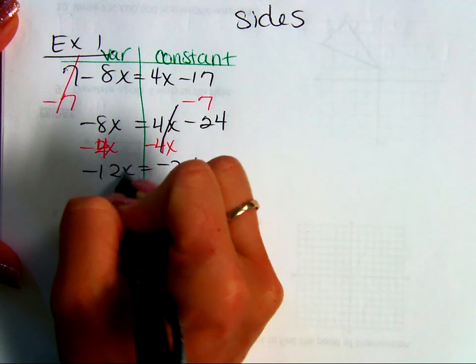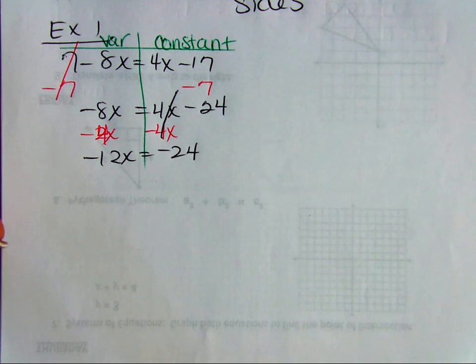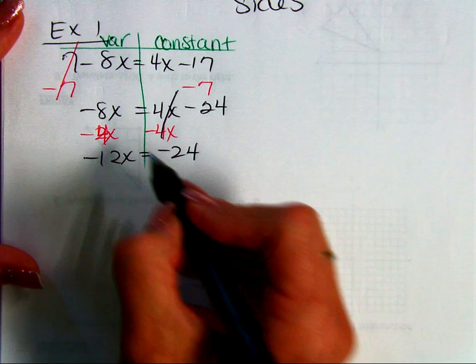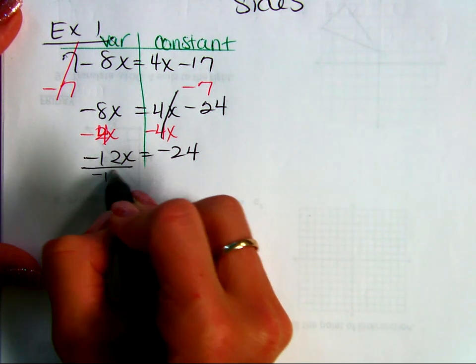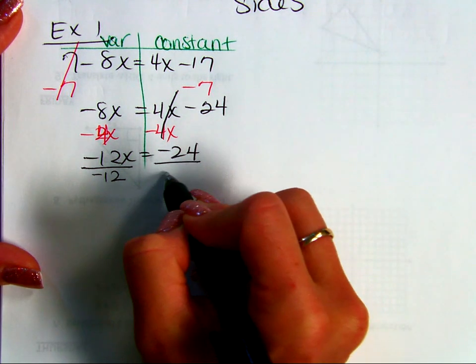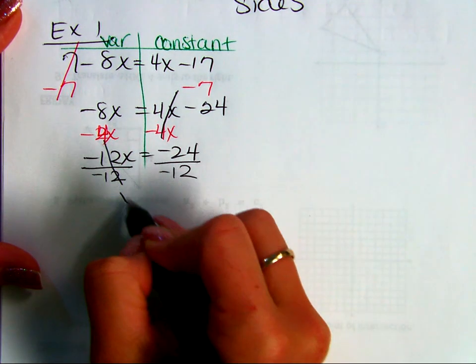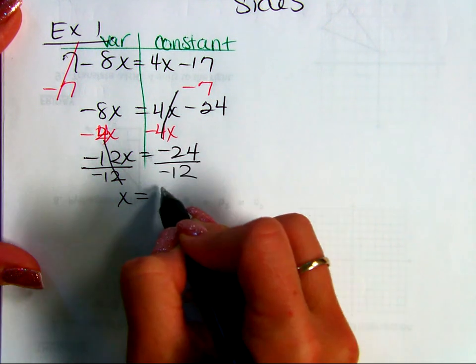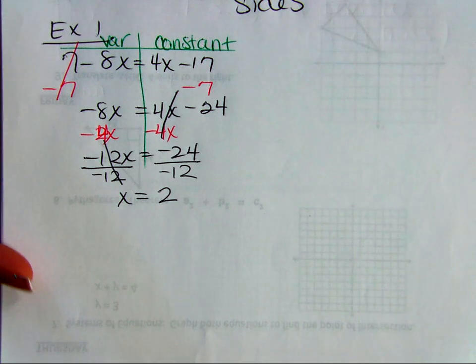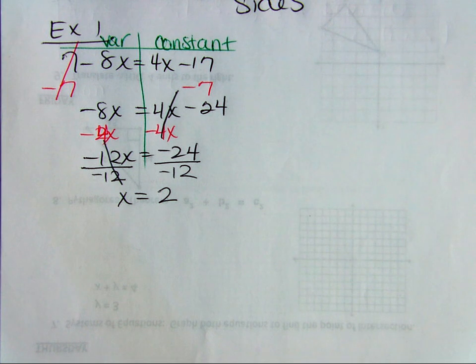Same signs, add and keep. Most of your equations with variables on both sides will turn out looking like one variable over here, one constant over here. The division property of equality says that you can divide and not change the expression. All right. Everybody good on how we got 2?